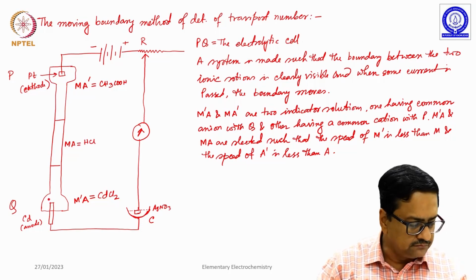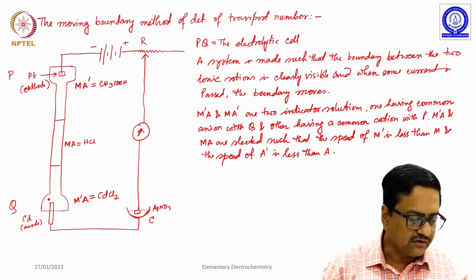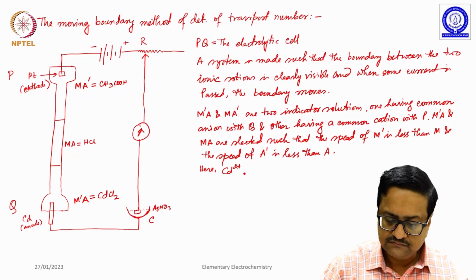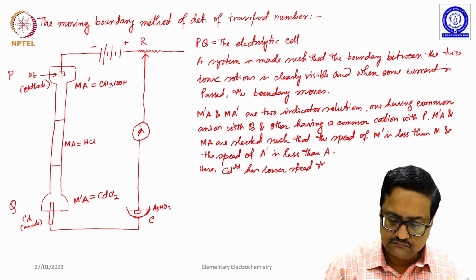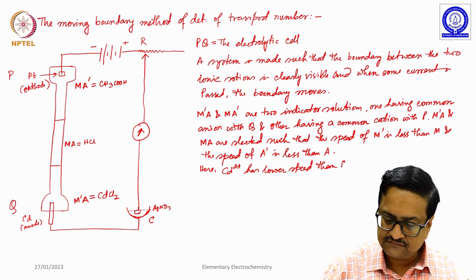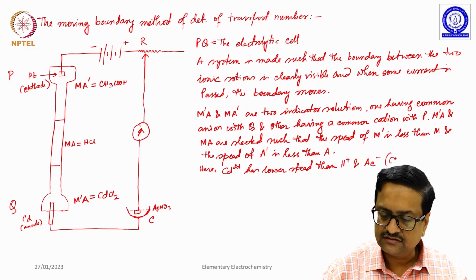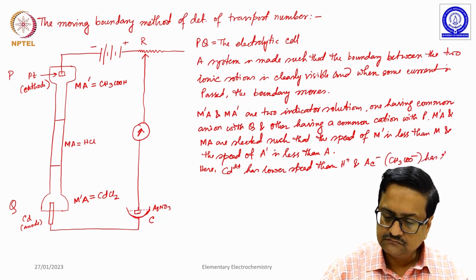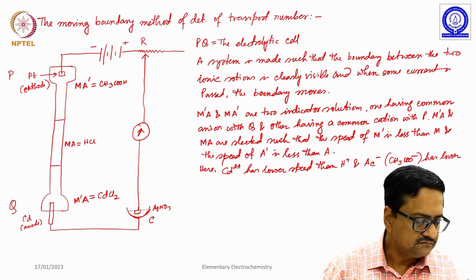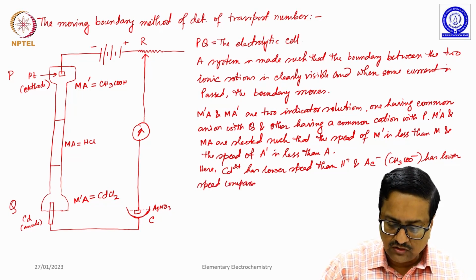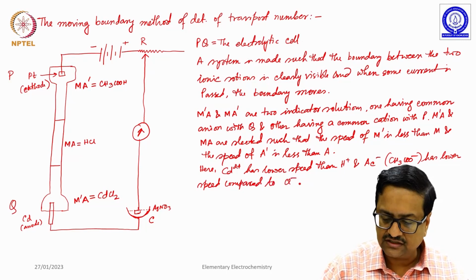And in this particular case, Cd2+ has lower speed than H+ and the acetate anion, that is CH3COO-, has lower speed compared to the Cl- ion.